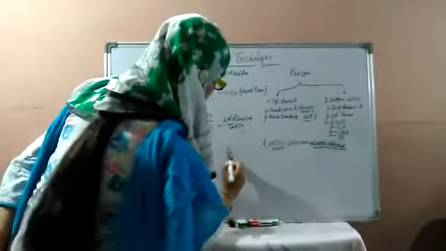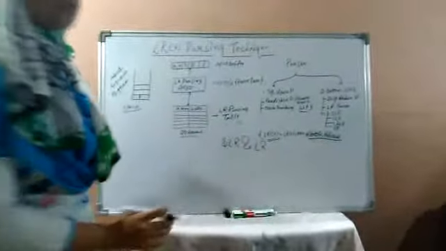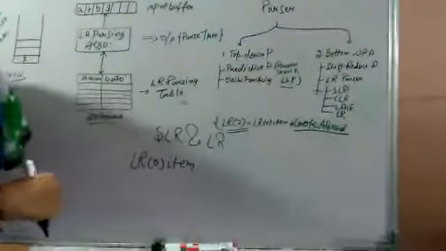In the SLR, we use an LR0 item. And in the canonical LR parser and in the lookahead LR parser, we use an LR1 item.